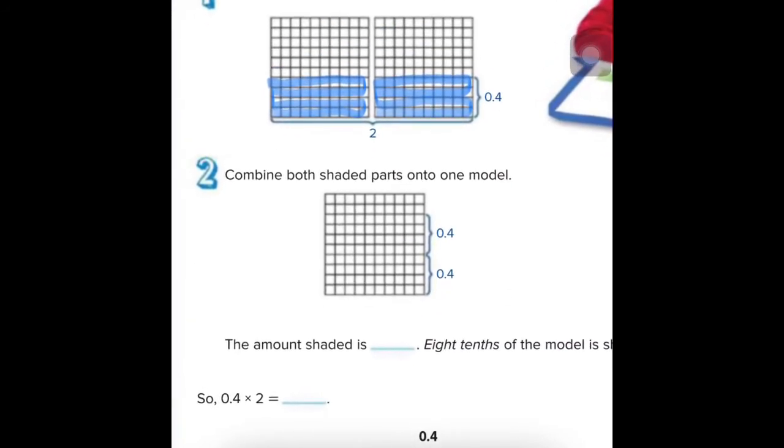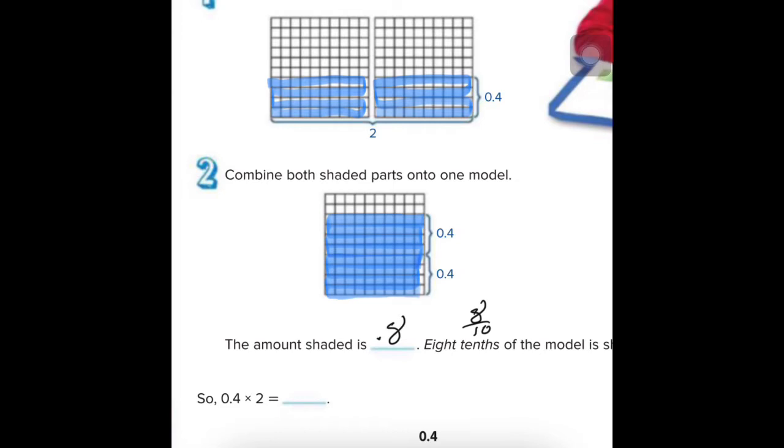There you go. So then when we combined both of those shaded parts and put them into one model, we're going to have 4 from the first one, and then 4 more. So the shaded amount is 0.8 or 8/10 of the model.